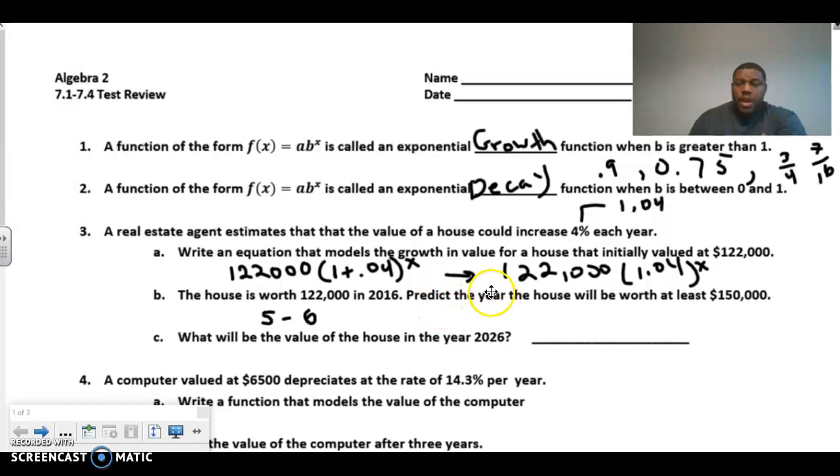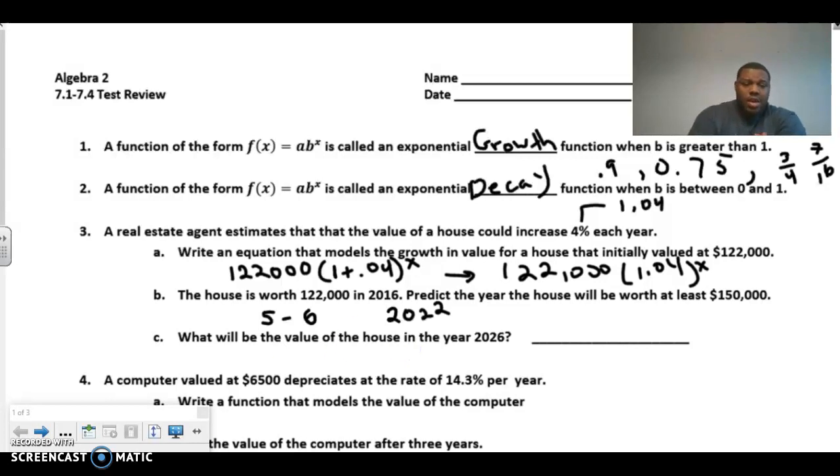It says predict the year, so the year, I would say, is 2022, because remember, it was over 150. It was 158,000. If I'm not mistaken, we'll have to go back to the calculator and look, but you guys have at it. So, 2022.